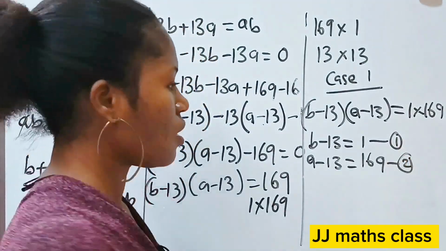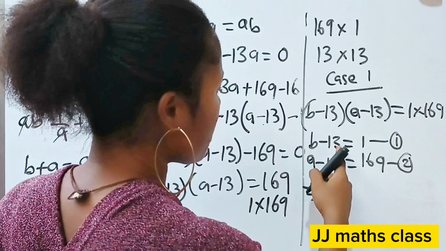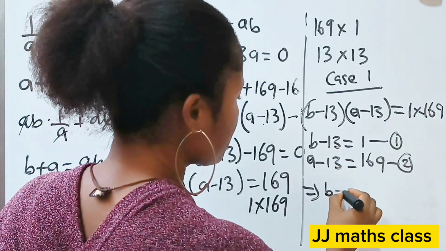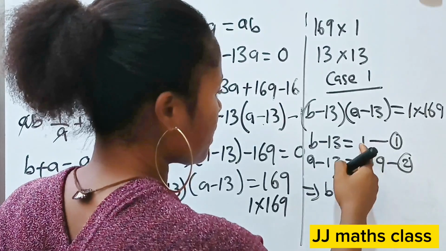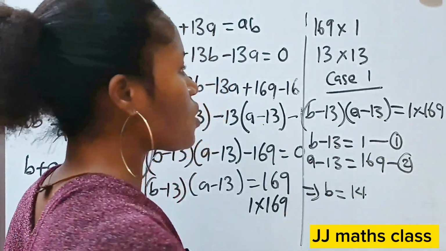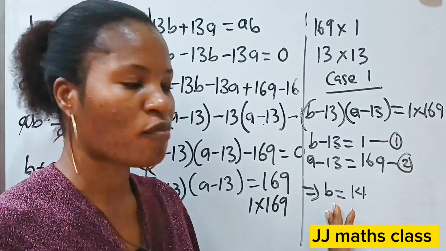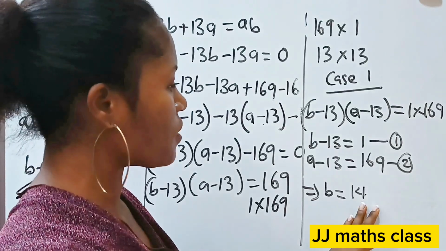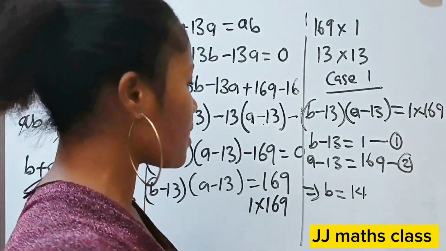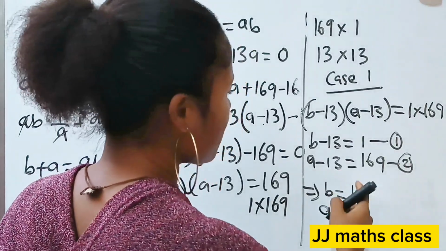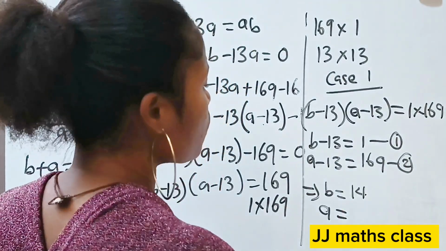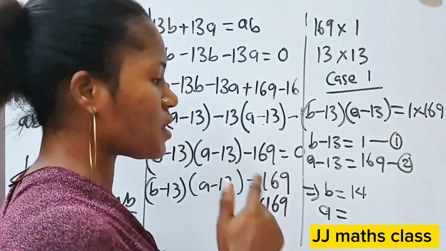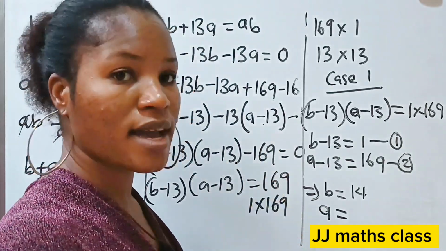Now from 1, we can see that b is equal to, minus 13 will cross to become plus 13, so 1 plus 13 is 14. So we have gotten the first value of b. Since b is equal to 14, from equation 2, let's get a. a will be equal to, minus 13 will cross to become plus 13, so 169 plus 13 will give us 182, right?